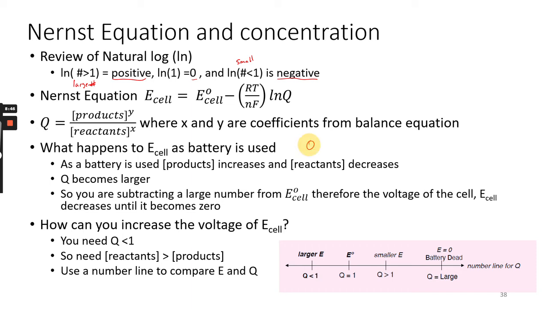So let's look at Q. You have your products over your reactants raised to their powers. If your products increase and your reactants decrease, Q is becoming larger.